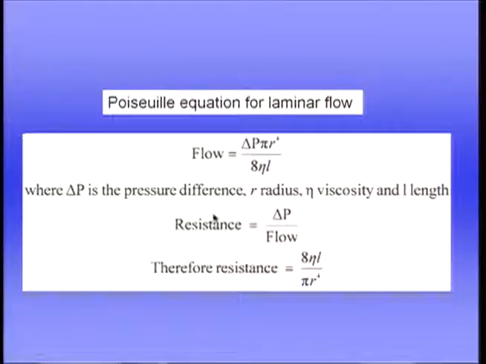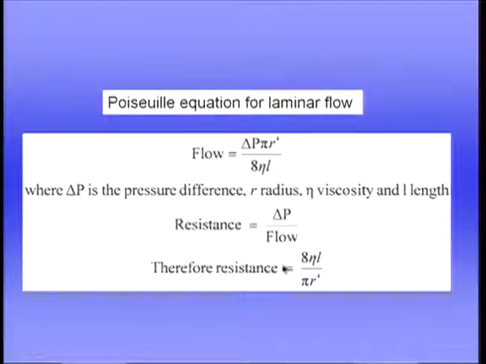Now, the resistance is given by delta P, the difference in pressure, divided by the flow. You recall that we talked about that when we were discussing the blood flow through the lung. From this we can derive the resistance as 8 times viscosity times length over pi r to the fourth.